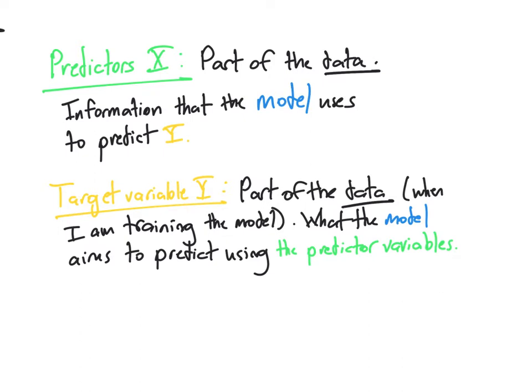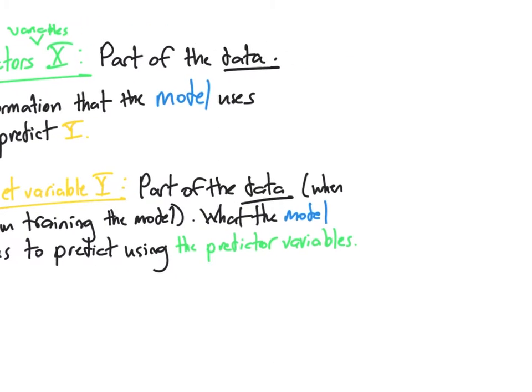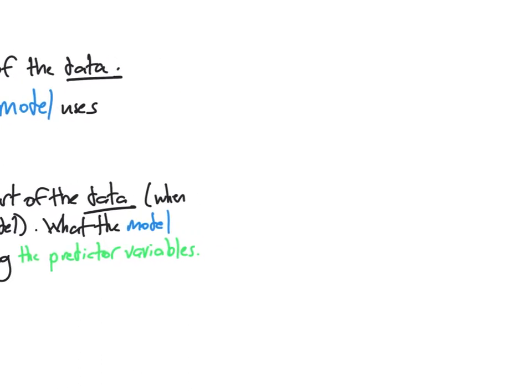Okay, so far we have ourselves predictor variables x and target variables y. So sorry, in case you're not sure here, these are the predictors, also called predictor variables. Okay, so now I want to just give a quick example here so that we can actually kind of think about predictor and target variables in action.